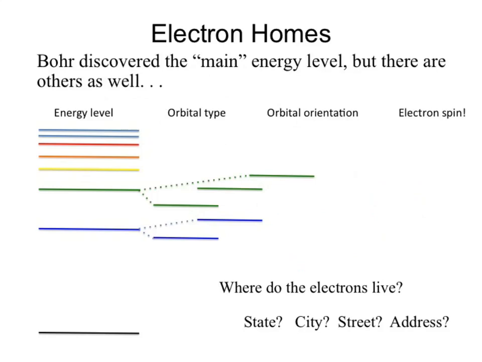Okay. Do we fill all of those orbital types? We have the potential to, but we don't. Okay. Why do we not fill them? What happens as we get further away from the nucleus? What did we say was our maximum energy level? The electron not being part of the atom. As we get further away from the nucleus, eventually the atom gets so massive that the electrons aren't attached to the nucleus. Okay?